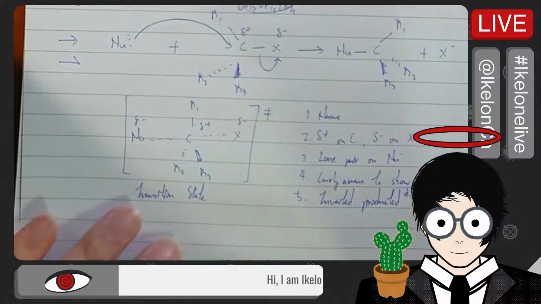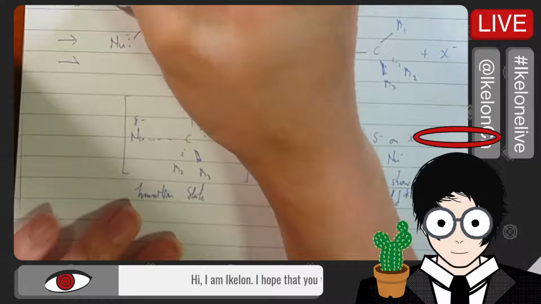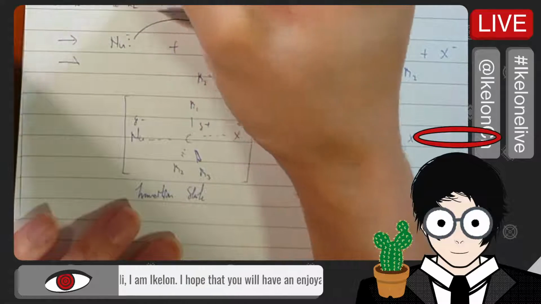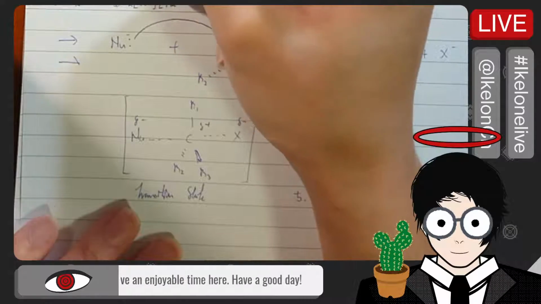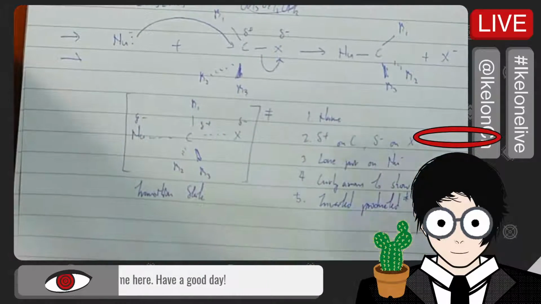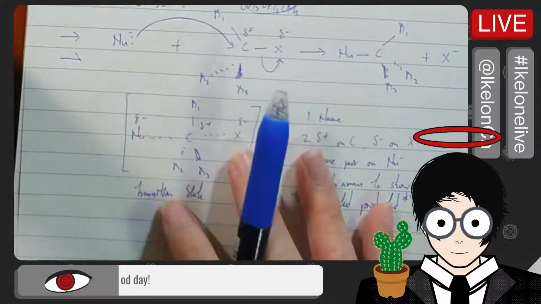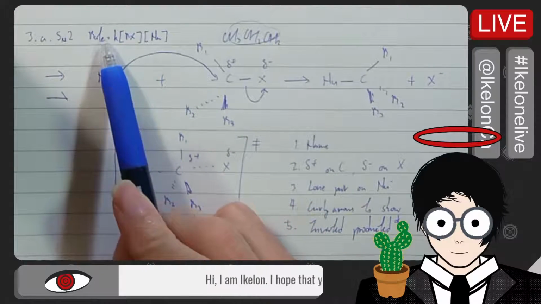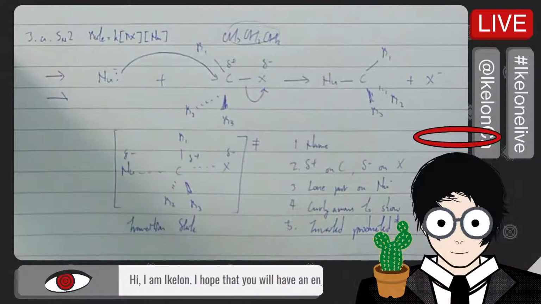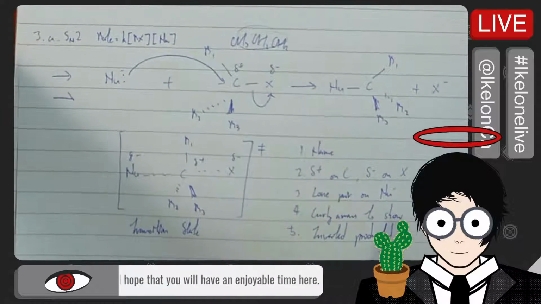Yeah, the order of reaction: rate equals k [RX][nucleophile]. The concentrations of these two are in the rate determining step. That's why it's SN2, 2 for 2 reactants in the rate determining step.